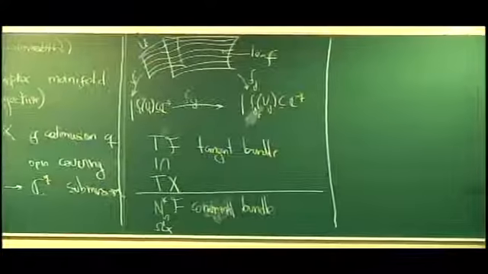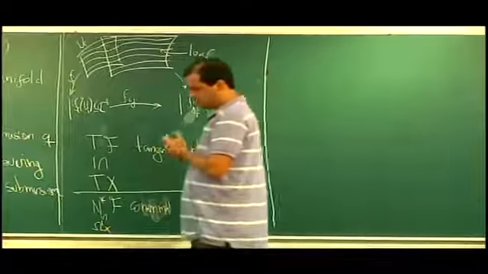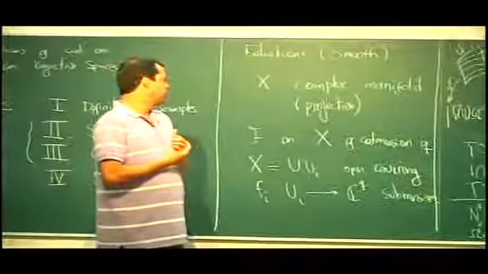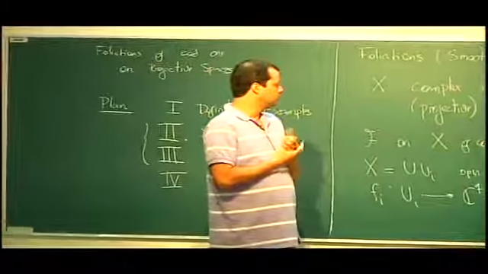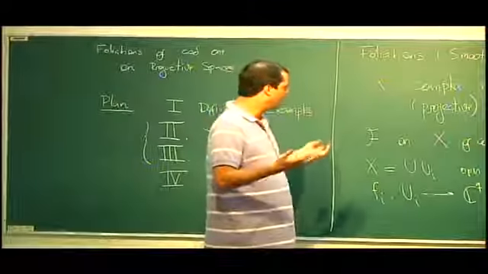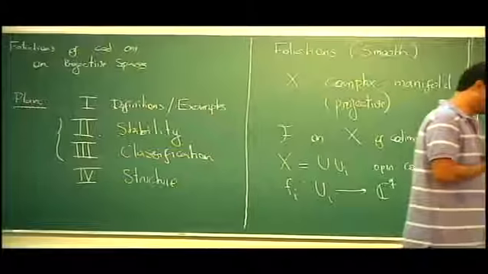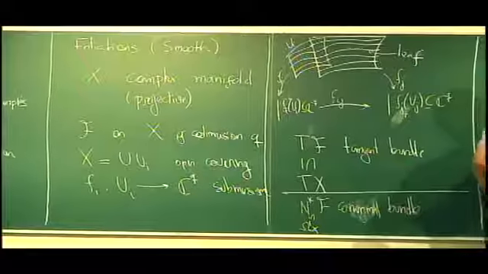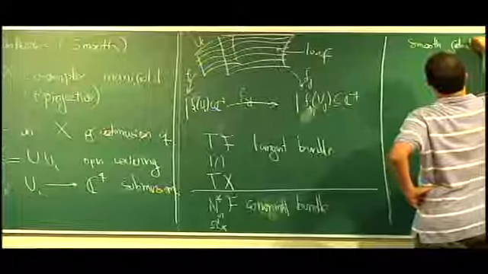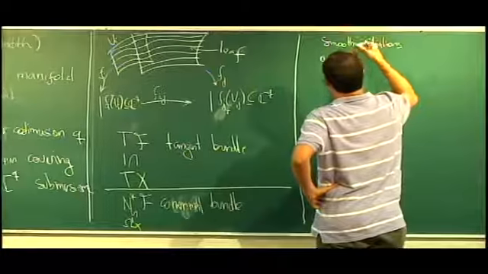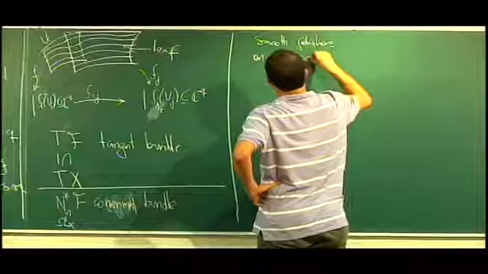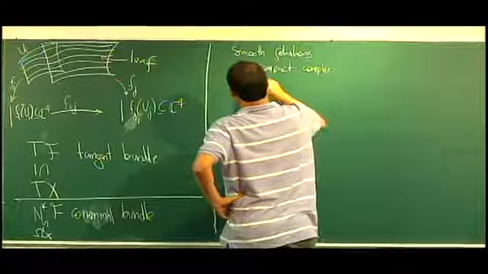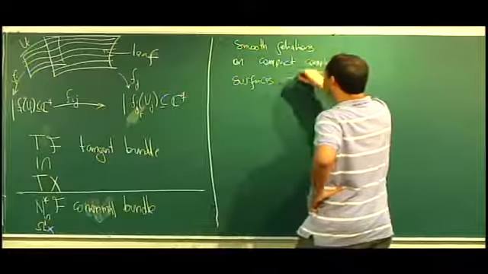So if we are really willing to study these objects on projective manifolds, we have to allow more. These conditions are too restrictive. For instance, smooth foliations on compact complex surfaces are classified.